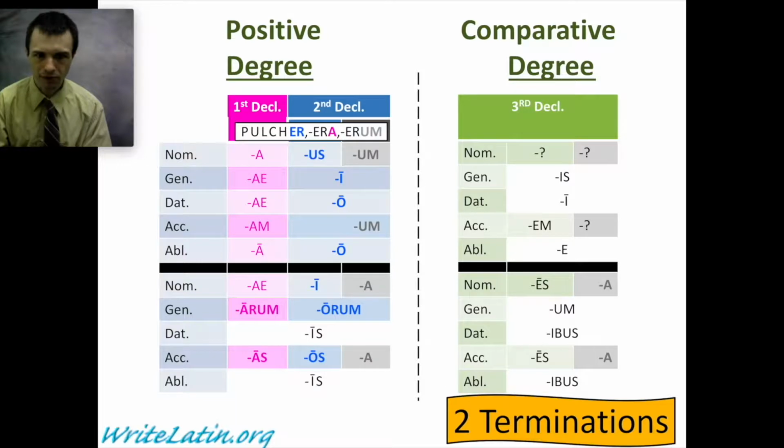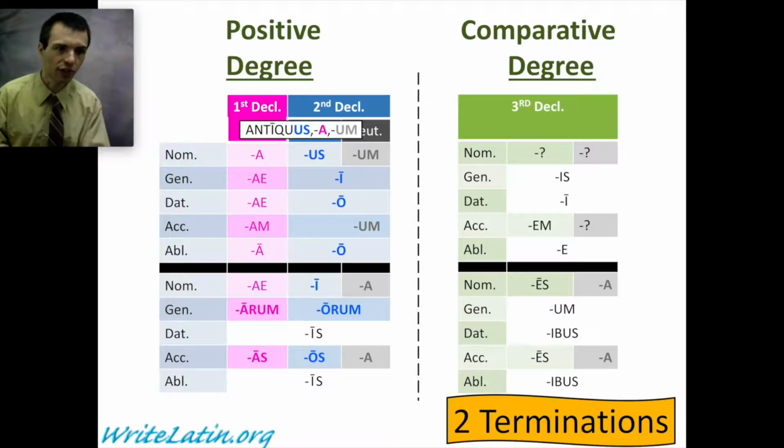So let's do some examples. For instance, if I have an adjective like pretty, how am I going to make the comparative? Prettier. Well, I'm going to stick on an -ior, -ius, and that will force it to be third declension. Same with an adjective, old. How am I going to make that comparative? How am I going to say older?